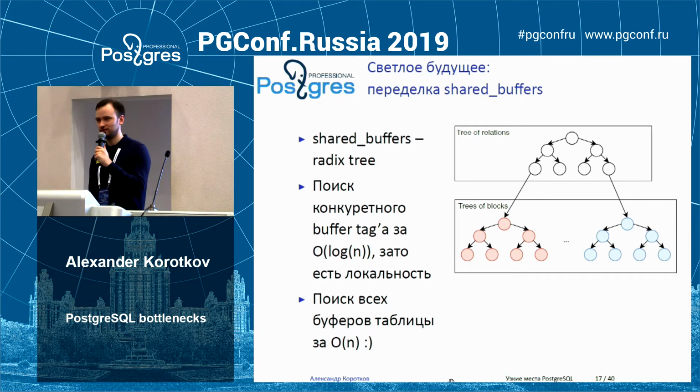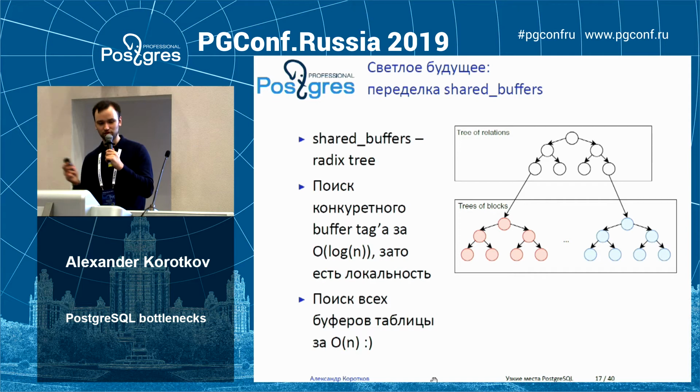It looks like we just switched from better to worse, from O(1) to logarithm, but here we have a benefit. In this structure, we're going to have locality. The buffers that are located nearby will be stored in our structure nearby, and that is a good and positive thing. But it isn't the case all the time.